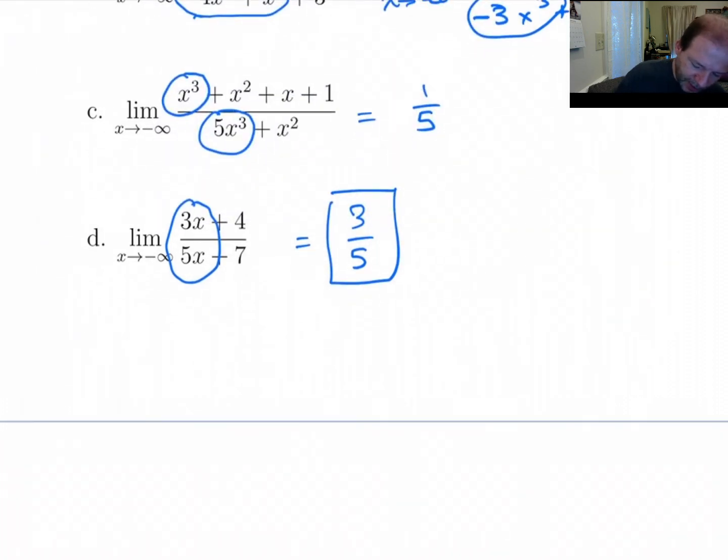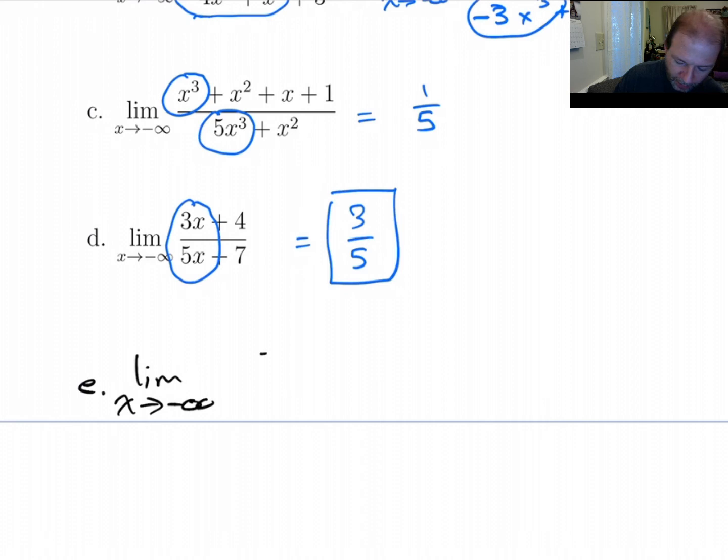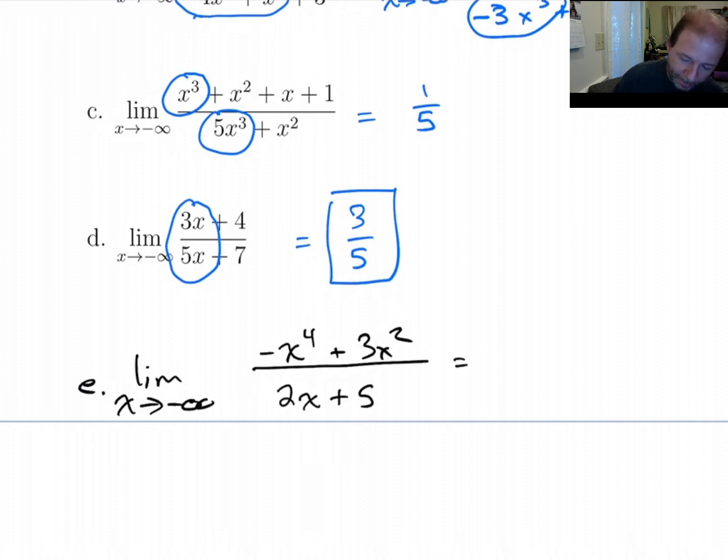I'm going to make an example E here. Limit as x goes to negative infinity of minus x to the 4th plus 3x squared over 2x plus 5. All right.